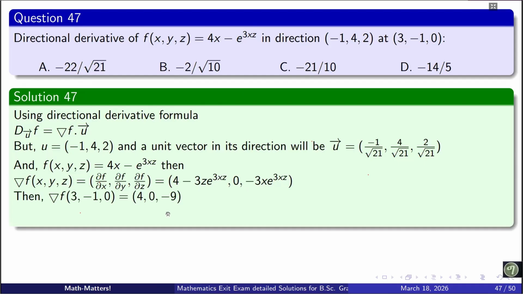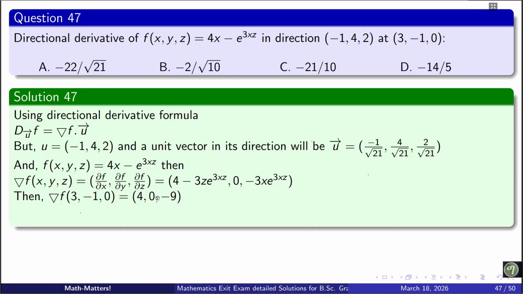Then the gradient of f at (3, -1, 0) could be obtained from this one by only replacing 3 for x, minus 1 for y, and 0 for z. So when we substitute this point, 4 minus 3 times z times e to the power of 3xz, because z is already 0, the value of x is 4.